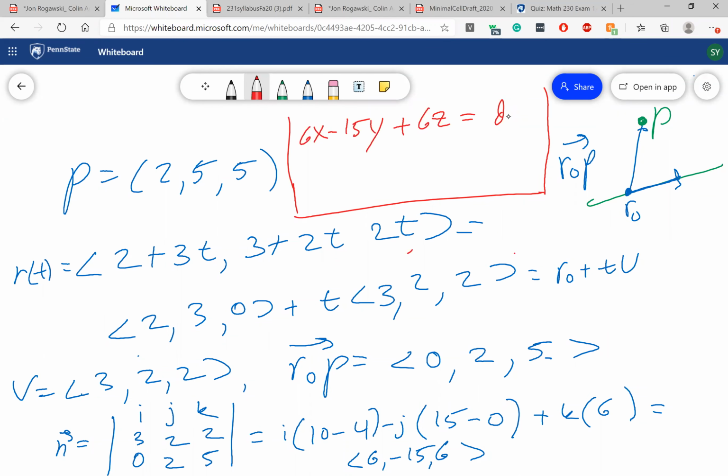Now, if we choose the point R0, which lies on the plane, we can say that 6 times 2 minus 15 times 3 is equal to our d. In other words, 12 minus 45 is equal to d, and this is equal to negative 33.